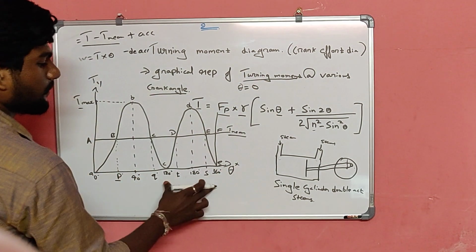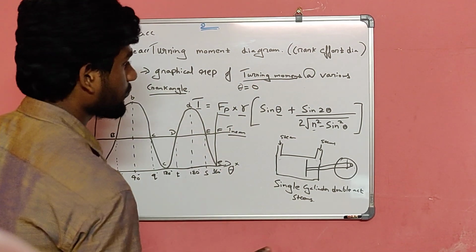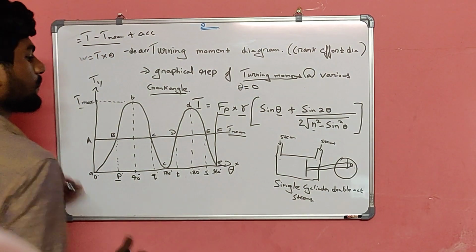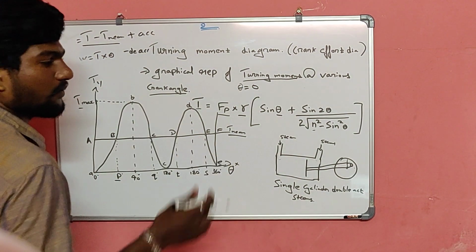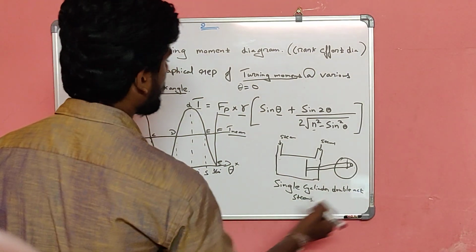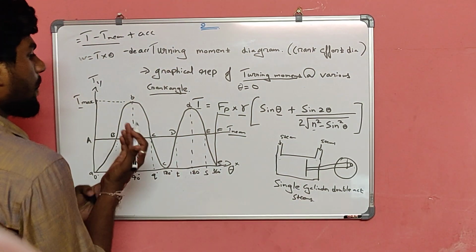This is for a double acting steam engine, single cylinder. Please note it, because every engine has its own graph. This is a schematic representation for a double acting single cylinder.